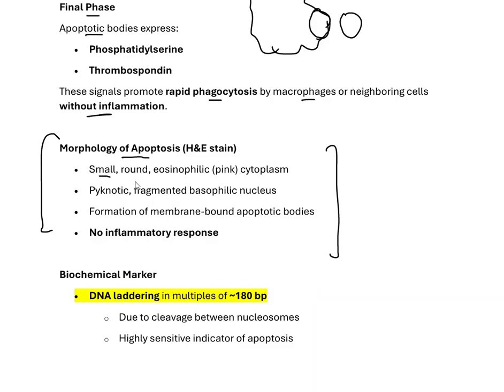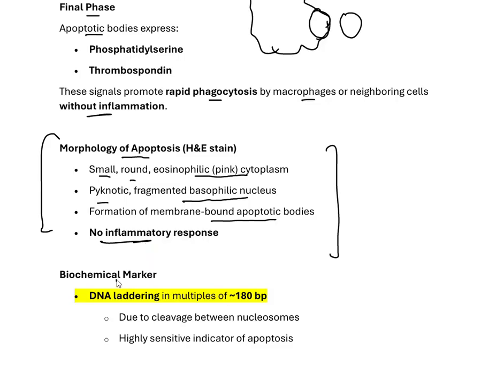Small, round, eosinophilic cells, and remember, whenever I use the word eosinophilic, it also means pink. That means the cytoplasm appears pink. And a pyknotic, fragmented basophilic nucleus, and formation of membrane-bound apoptotic bodies. And then most importantly, no inflammatory cells are present. So that's what you're looking for when you are reading the question and they're talking about the morphology findings.